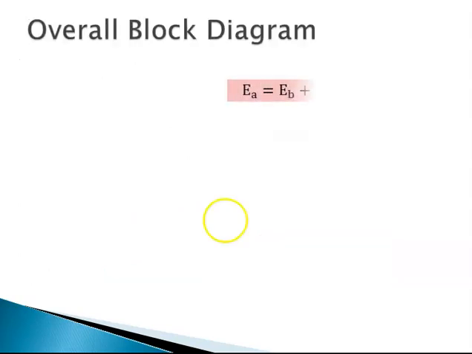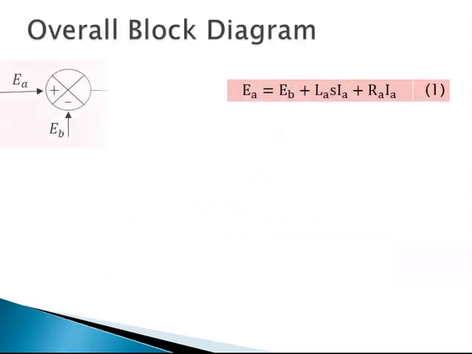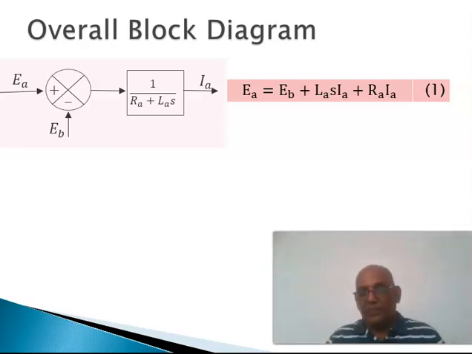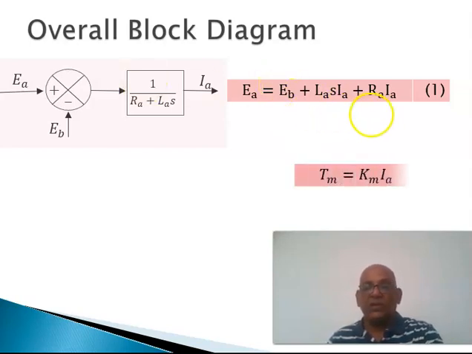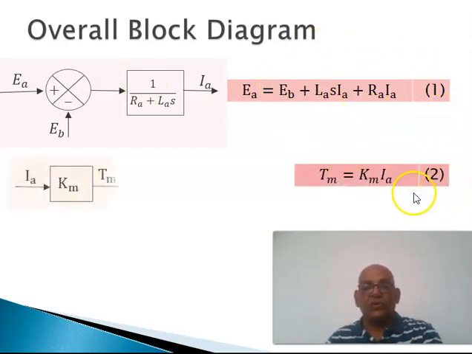With this we write the equations one after the other. To summarize, this is the equation for the armature circuit. Equation 2 is the equation for motor action.